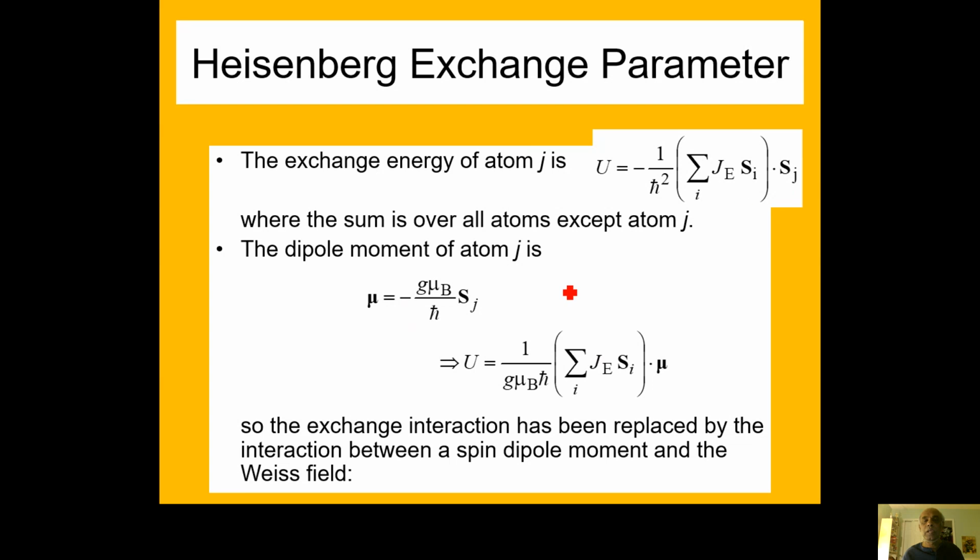Instead of S_j, now we have mu. Now you can see this is basically the interaction of the magnetic moment of that S_j with, we can think of this one as the Weiss field, right? Because interaction energy is mu dot B. So you can think the exchange interaction has been replaced by the interaction between this dipole and the Weiss field. You can think of this whole thing as the Weiss field.